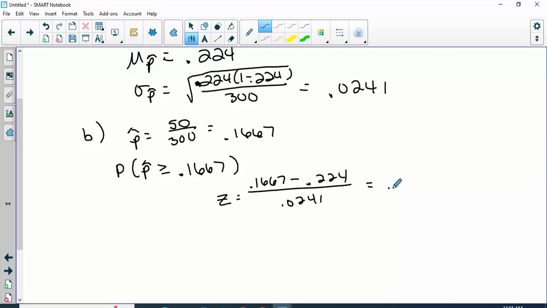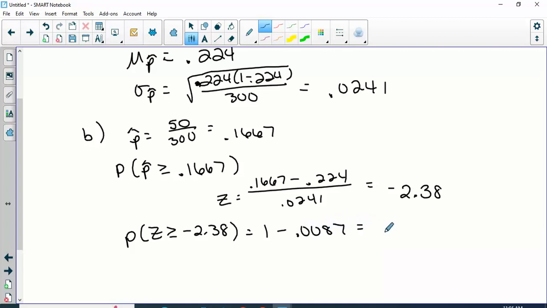So if you rounded something a little bit different than me, I know how you got your answer. And so this gives us a negative 2.38. So we need the probability that z is greater than negative 2.38. Table gives us less than, so we have to do 1 minus. And then if we look that up, we get 0.0087. So that gives us 0.991.